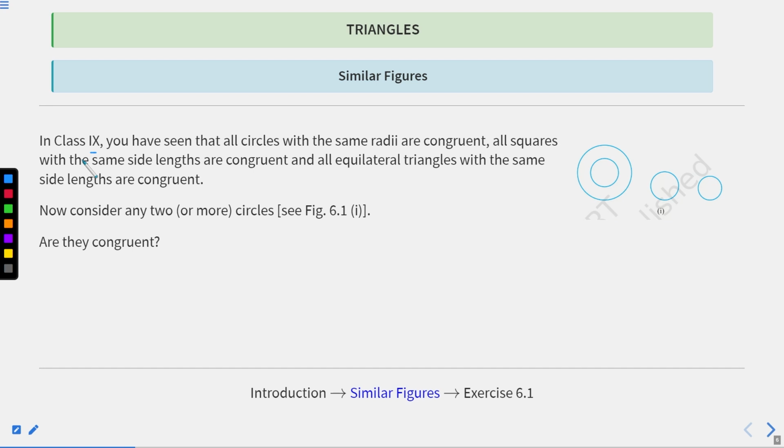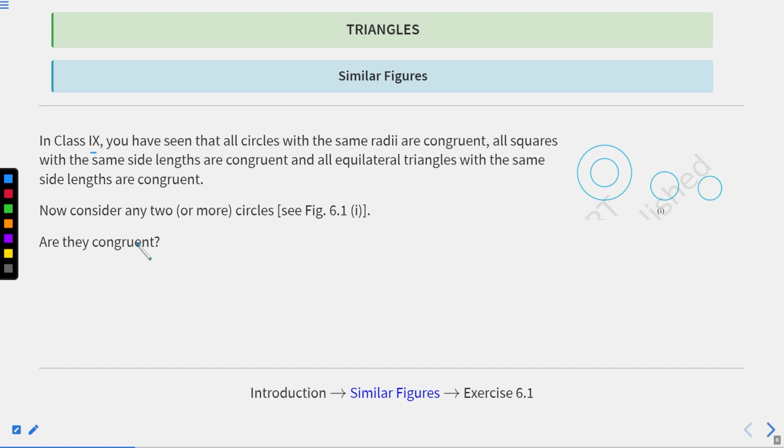Now we consider any two or more circles, as shown in this figure. Here we consider one circle, two concentric circles, and other normal circles. Are these figures of circles congruent?